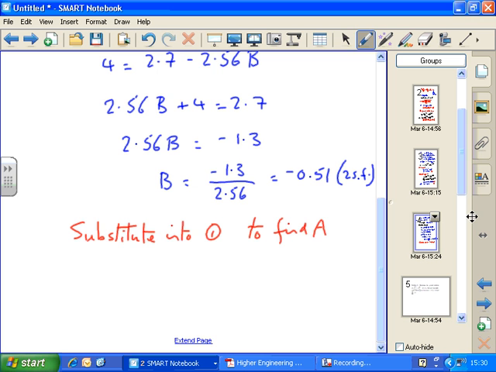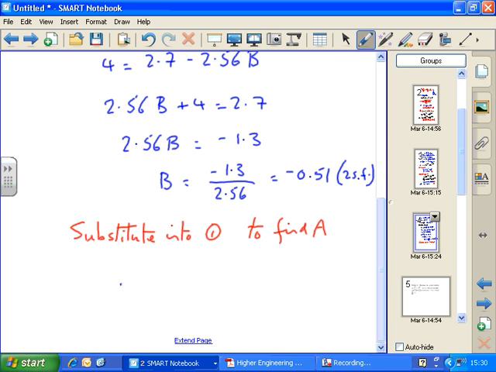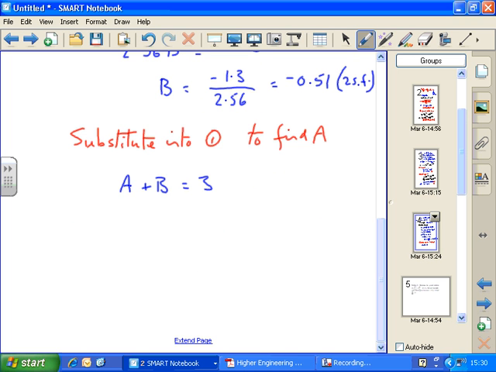We had that a plus b equals 3. So b is minus 0.51, so a minus 0.51 equals 3. So a equals 3.51.